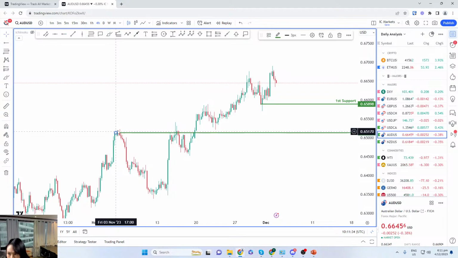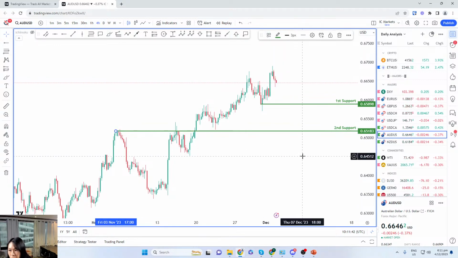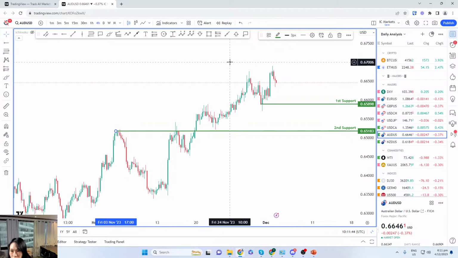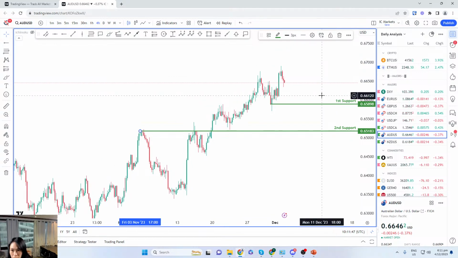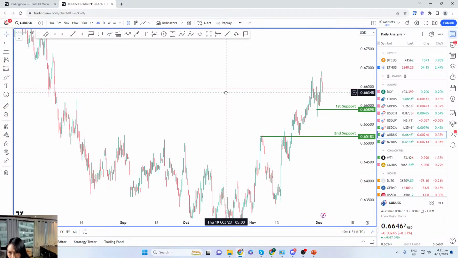Yeah, this is a good one. So I'm gonna use this as my second support level. Okay, I'm gonna make it smaller to find my resistance.